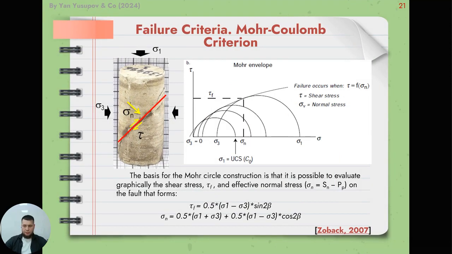Because strength depends on confining pressure, it's common to present strength test results using so-called Mohr circles or Mohr failure envelopes. The base for the Mohr circle is the estimation of shear stress and effective normal stress graphically.